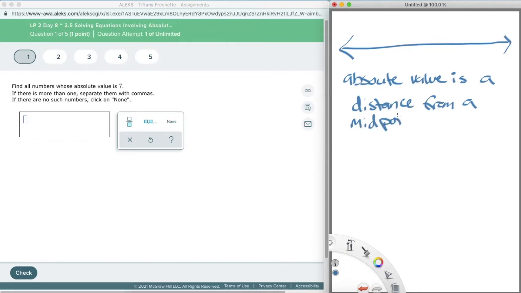This is the basic definition of absolute value. And distance can't be positive or negative. It's just a movement. So here we have our midpoint, and on simple ones, it's going to be 0. But it's not always going to be 0 when we get toward the end here. For very simple ones, 0 will be our midpoint.